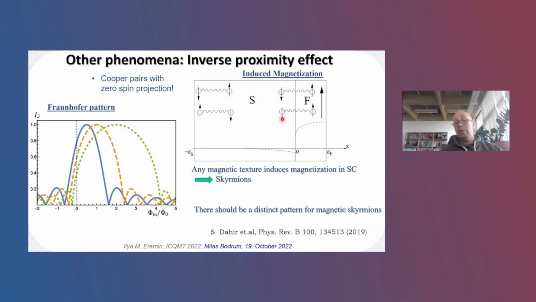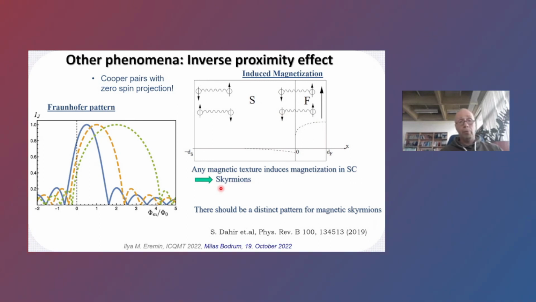And the Cooper pairs on the superconducting side will try to reflect the profile of the skyrmion on the ferromagnetic side. That is interesting because in principle it gives you a very sensitive way of looking at this interesting magnetic texture with a Fraunhofer pattern. And there should be a distinct pattern for a magnetic skyrmion.